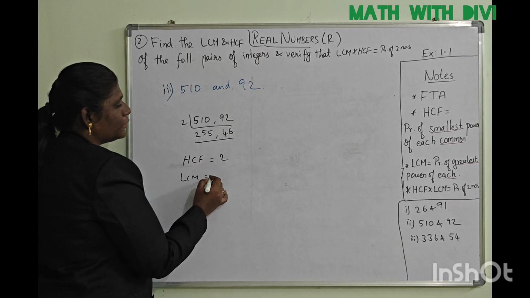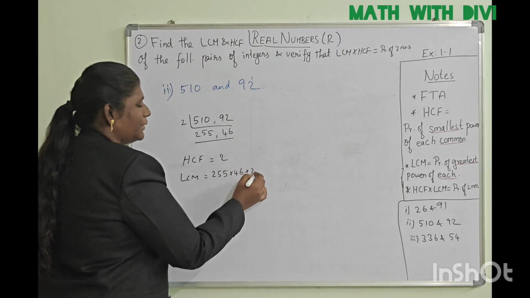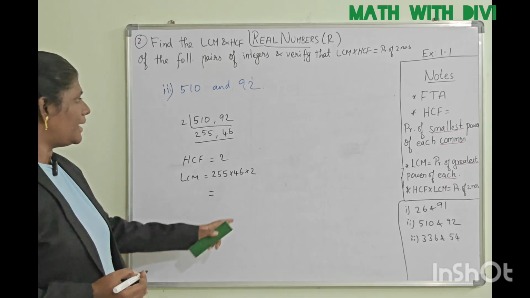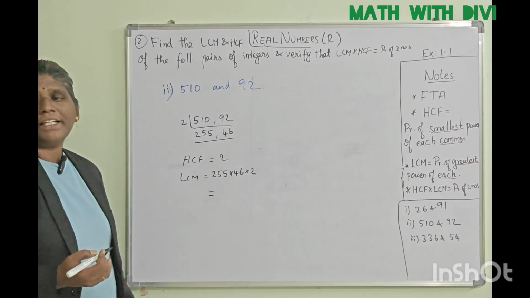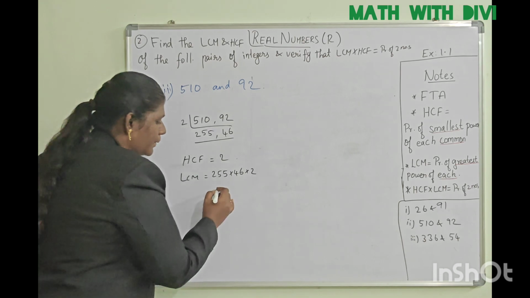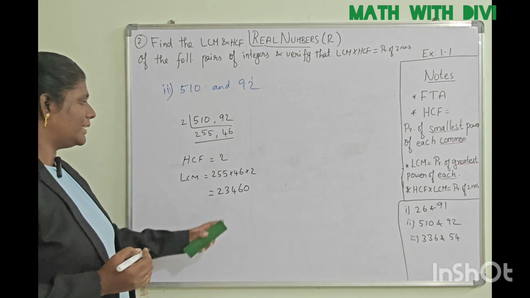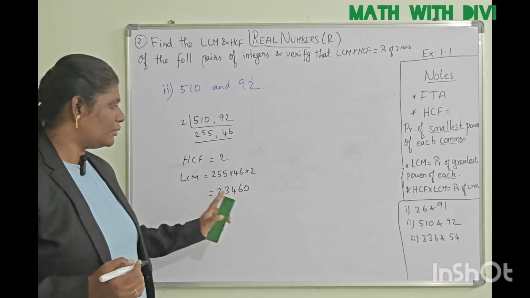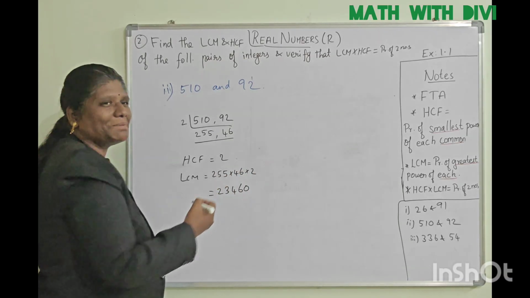LCM is equal to 2 into 255 into 46. So if you multiply, 92 into 255 is 23460. So 23460 is the answer. You can multiply and check it.